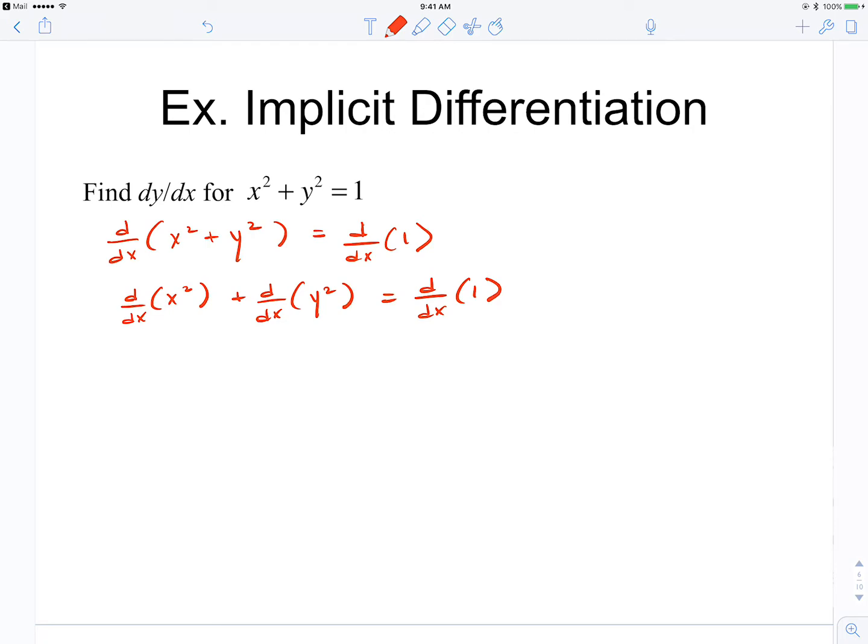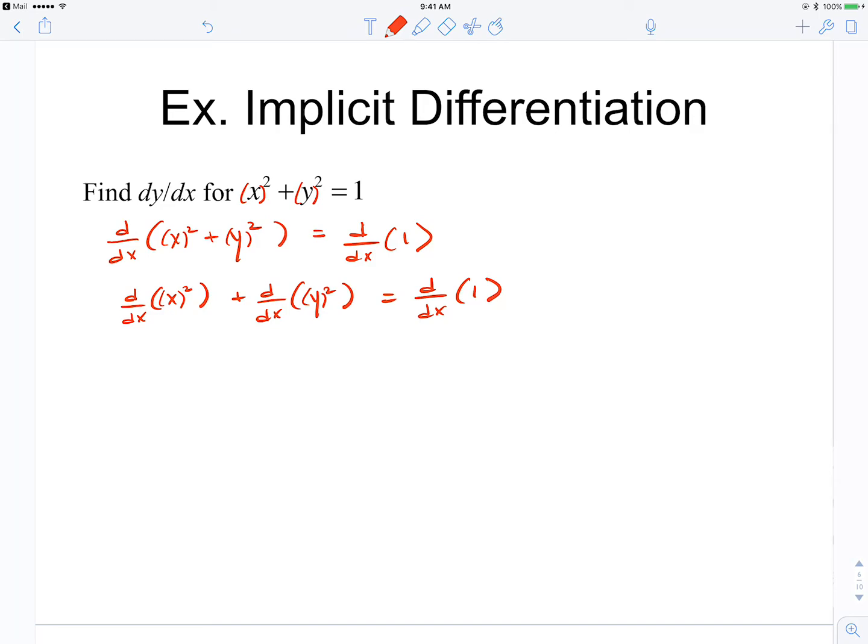Now, to actually take the derivative of each term, I want us to think chain rule. So I want us to think about there being parentheses around the x and the y, so that we're thinking of the square as the outside function, and the x is the inside function, or in the other term, the y is the inside function. So I'm going to put parentheses so that we can think chain rule.